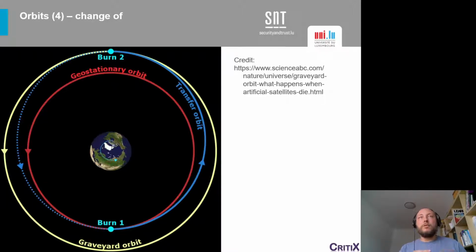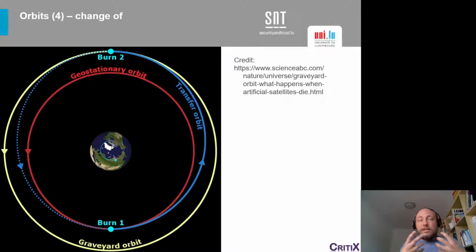By applying simple burns at the perigee and the apogee of the orbit, you can change the orbit, for example, here from the geostationary orbit, the red one. Just one burn in one place raises the apogee of the satellite, and then you have to burn another time to circularize the orbit, for example, on the graveyard orbit, which is 300 kilometers above the geostationary orbit.